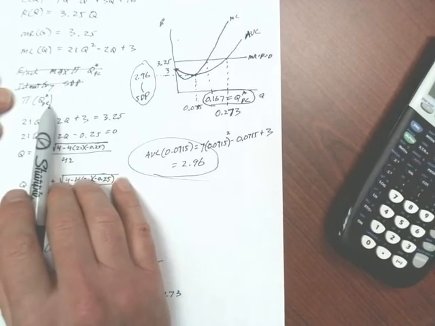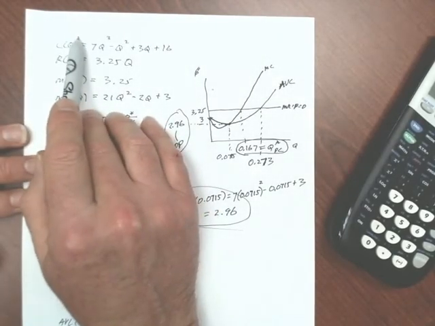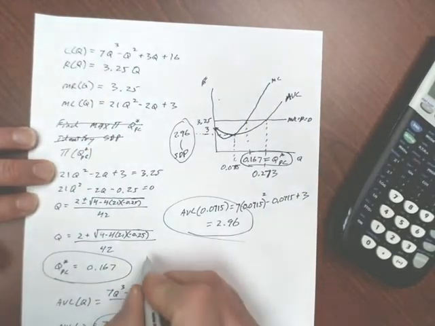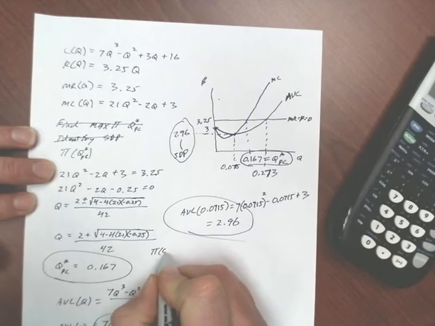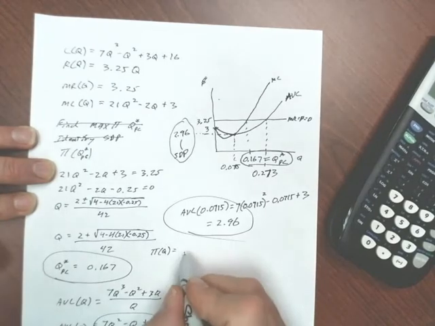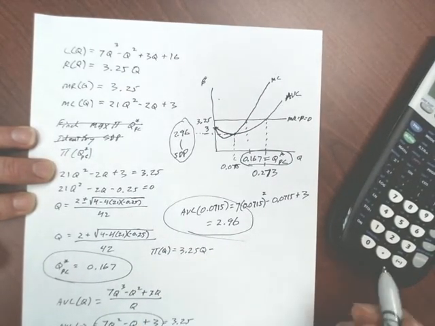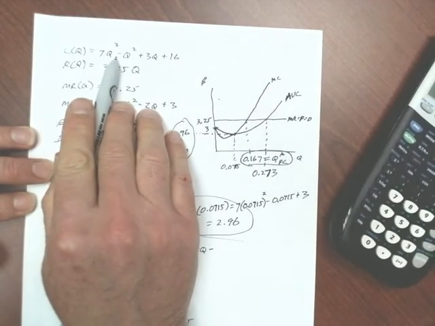Next thing we need to do is profits at Q star PC. So we don't have a profit function yet, but we can make one, right? Because we have revenues and we have costs. So profit equals total revenue, which is 3.25Q, minus total cost.